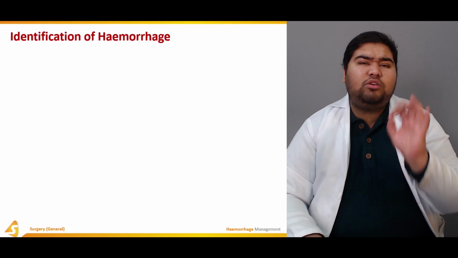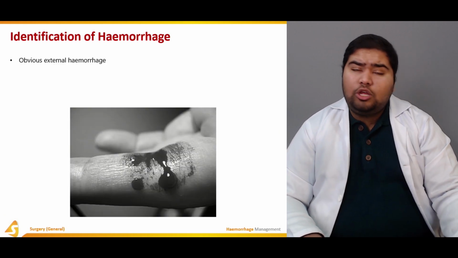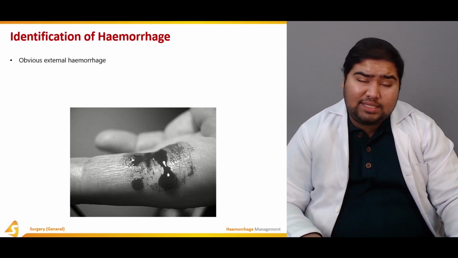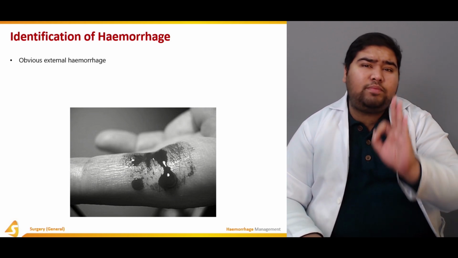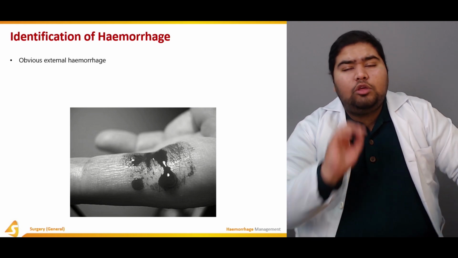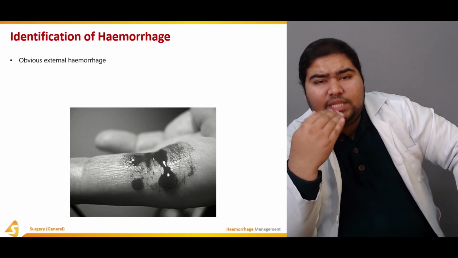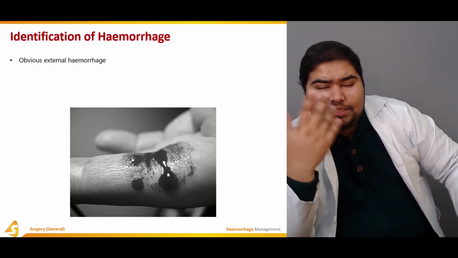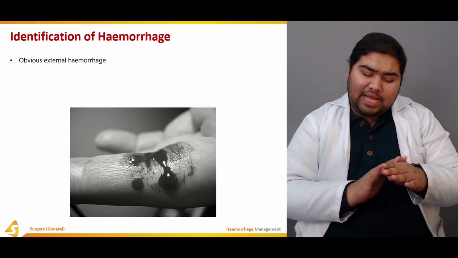So first of all, you have to identify the hemorrhage. In external hemorrhage, it's obvious from where the hemorrhage is taking place, but still you need to make sure that this is the only source. For example, you see a patient who has tripped on something, and that patient comes to you with an obvious, say, hand injury, and that is bleeding.